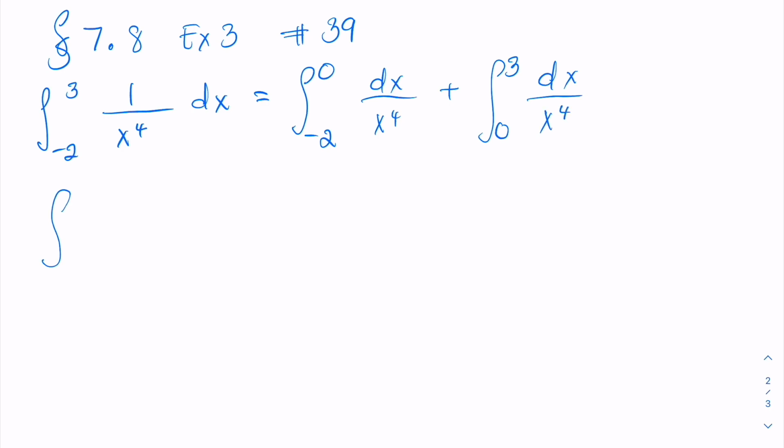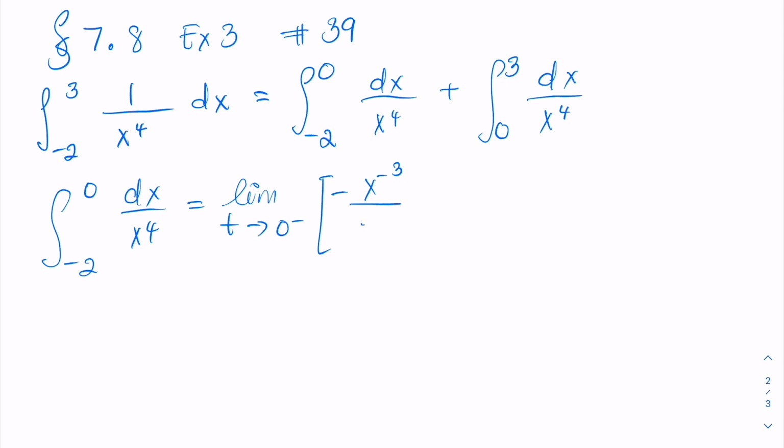But if you want to integrate from -2 to 0, dx over x to the 4th, we're going to have to take the limit as t goes to 0 from the left, and that's going to turn into a negative x to the negative 3 power over 3.